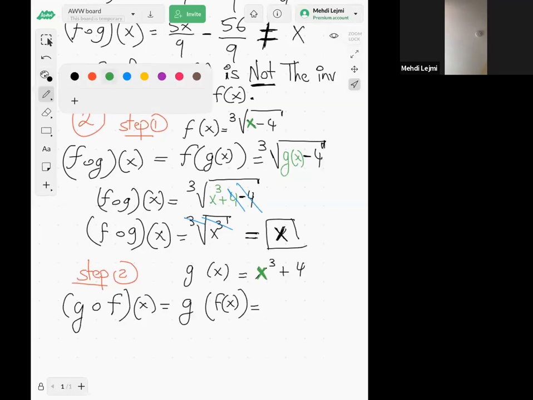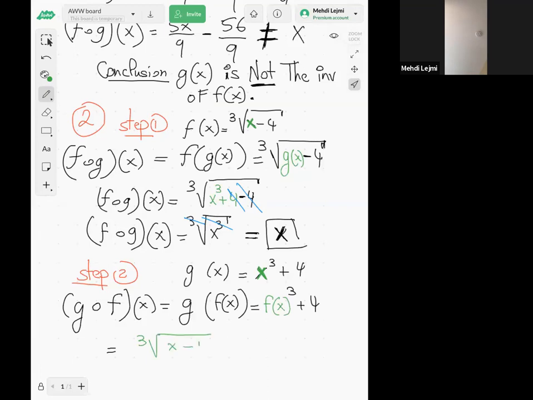This is my f of x, now cubed, and then plus 4. So that would be equal to my f, the third root of x minus 4, and then there's a cube, and then there's plus 4 here.